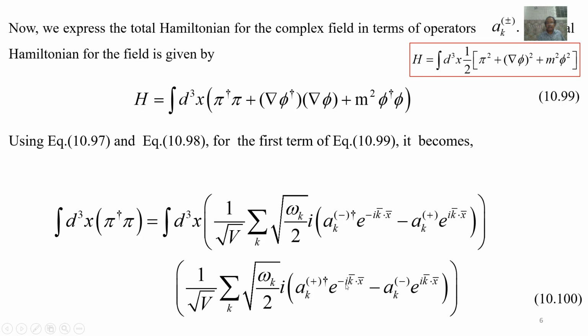The first thing that we are going to simplify is multiplying i with i. So i with i will give you i squared, which is equal to minus 1. The second one, 1 by root v multiplied by 1 by root v, will give you 1 by v. Then root of omega k by 2 multiplied by root of omega k prime.